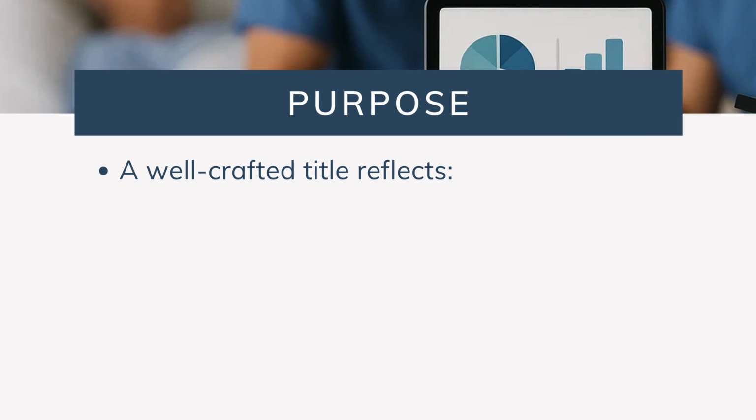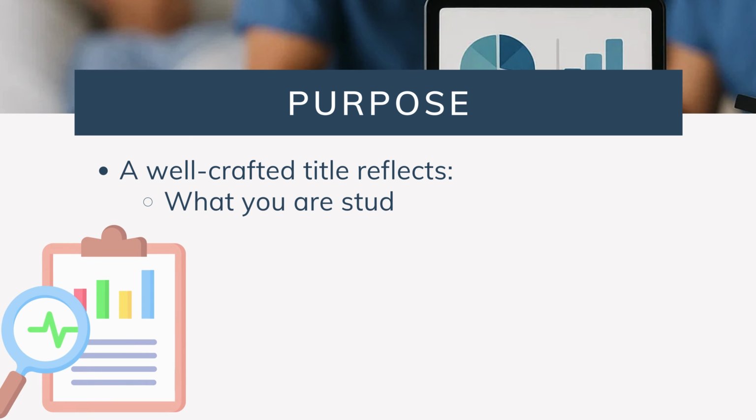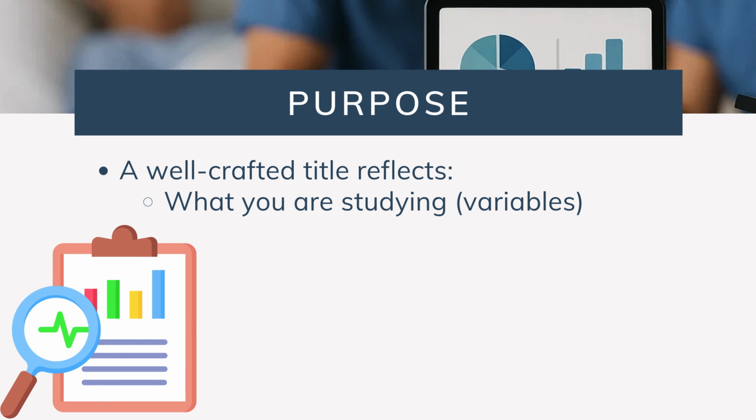Now, let's break down the components of a well-crafted title, starting with the variables. Variables are specific elements or concepts you are investigating. They could be knowledge, compliance, attitudes, skills, or even health outcomes.